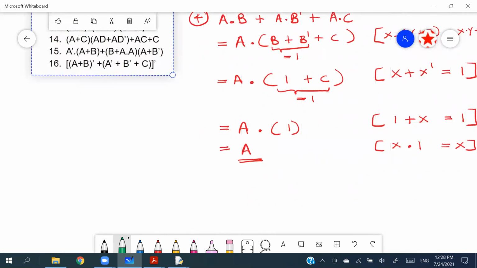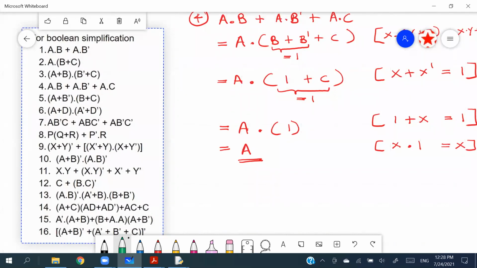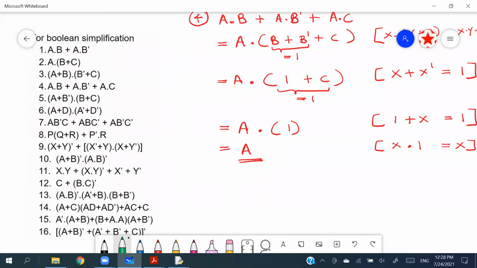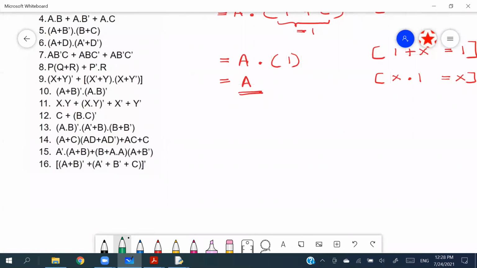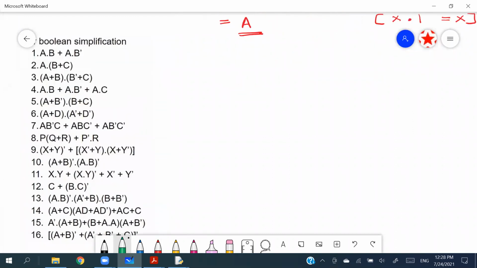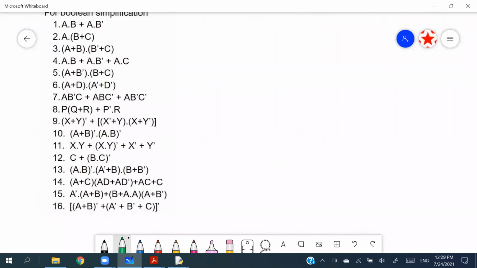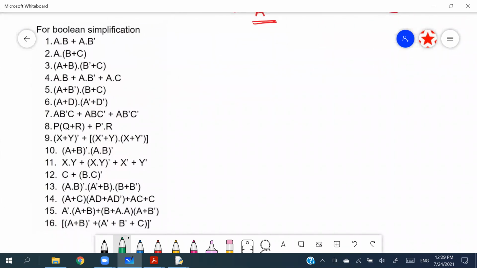We have done up to the fourth question so far, and let's try from the fifth question. You people have to do all 16 questions, so you can have better practice.